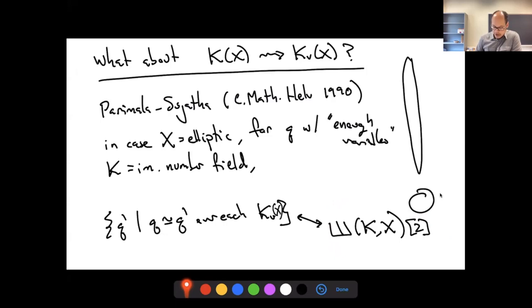I'm not going to go into detail about what this group is, but this is a very interesting group that comes up a lot in the study of elliptic curves. Conjecturally, this entire group is finite.